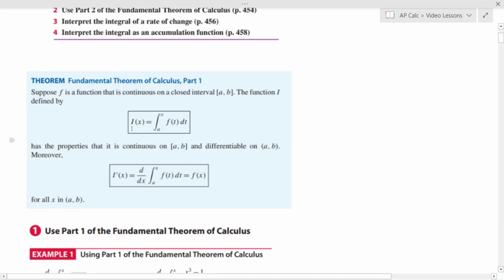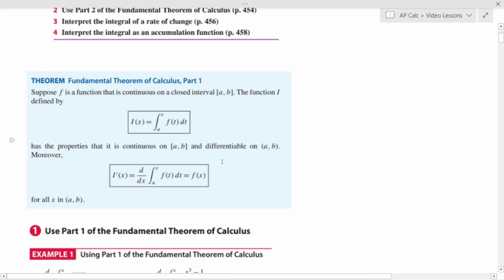And the derivative I prime of x is equal to little f of x. So it's the integrand evaluated at x.